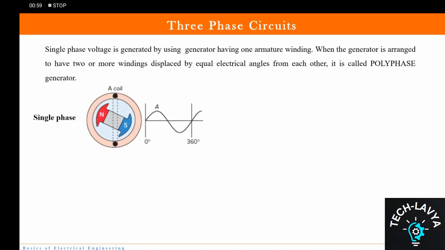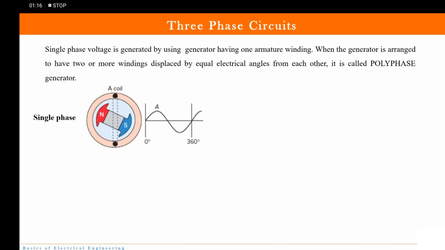See, this is how the single phase signal is generated. Fine. Okay. So here we have the armature, and we have one set of coil, one armature.